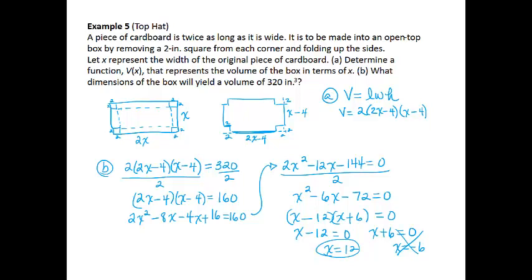Now it asks us to find what dimensions of the box will yield a volume of 320 cubic inches. So x, our original width of the cardboard, is 12. And so the length of that is 2 times 12 or 24. So the dimensions of the box: we know that the height of the box is 2 inches.